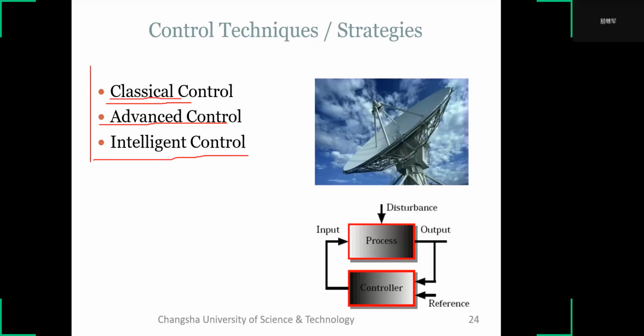The classical control, we have named in the control theory. But the advanced control and the intelligent control, we haven't named them.